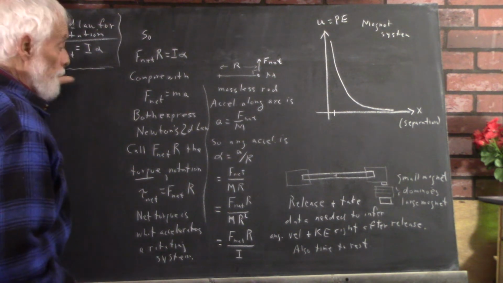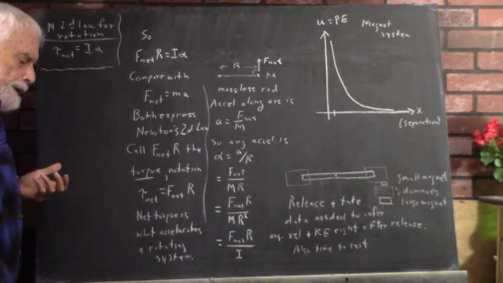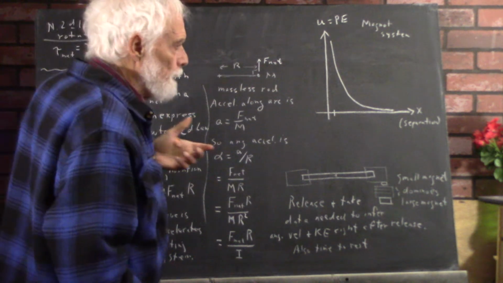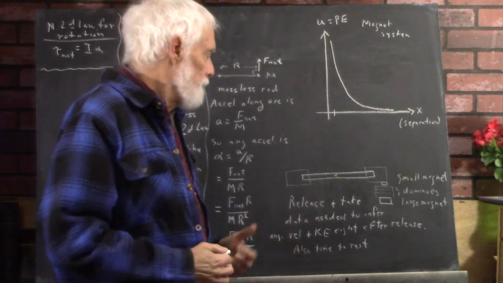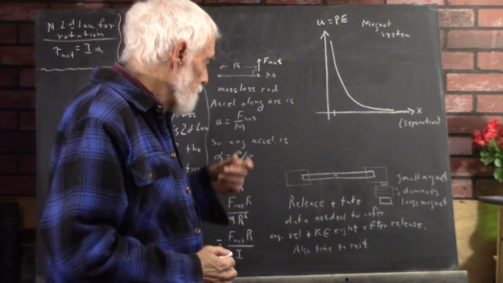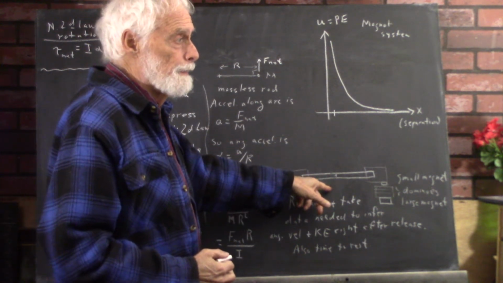Okay, we've got this. And it's the net torque due to the force of friction in the bearings of the rotating beam system that causes it to come to rest.